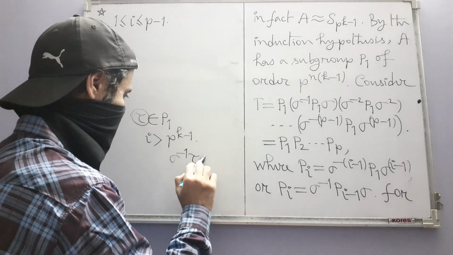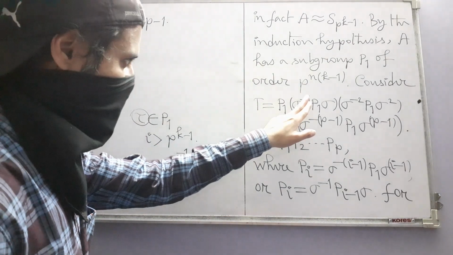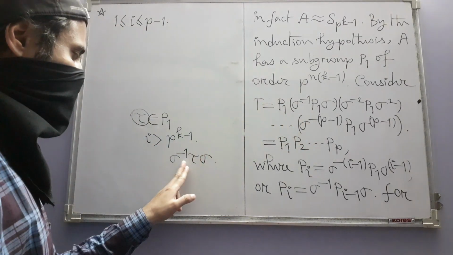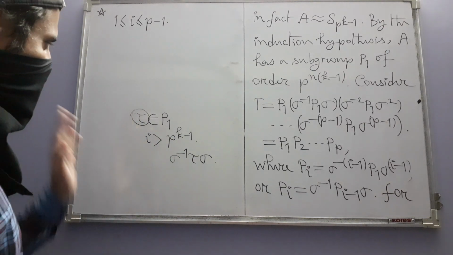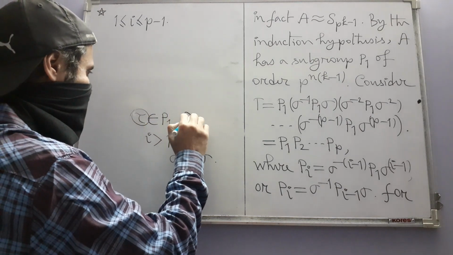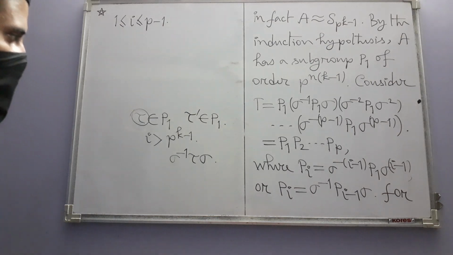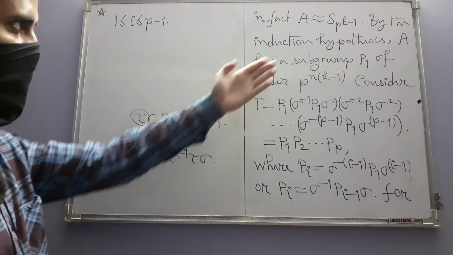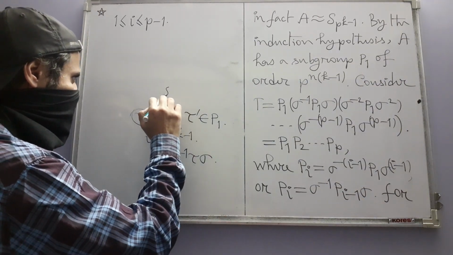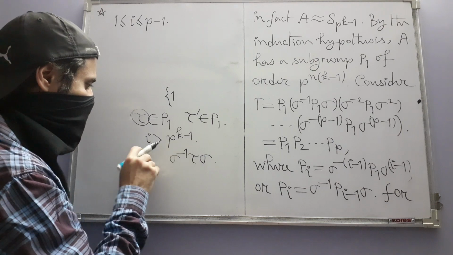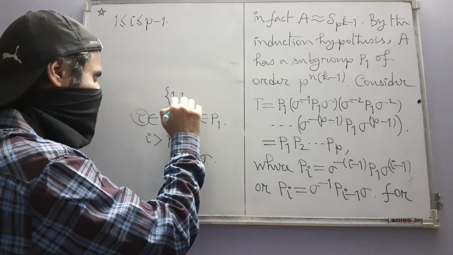Sigma inverse tau sigma. In fact, what I am trying to say here is that an arbitrary element of this is going to look like this for some tau. Now, if you take any other tau from P1, say tau prime in P1, tau prime by the definition of A, because P1 is a subgroup of A, is going to have its effects only on symbols that are less than or equal to p^(k-1).